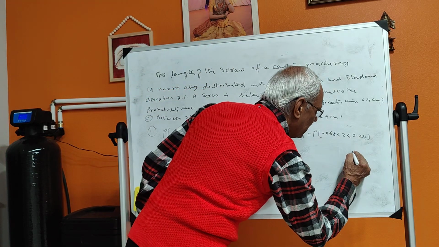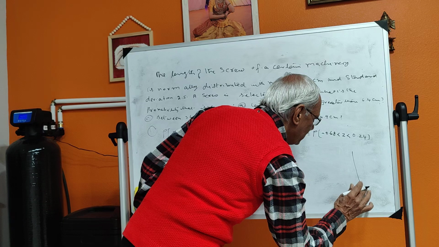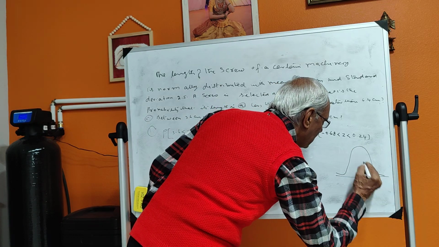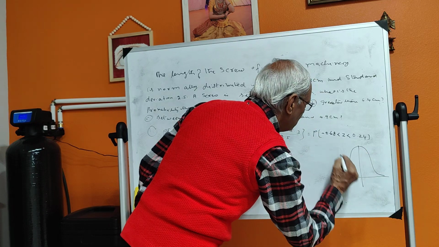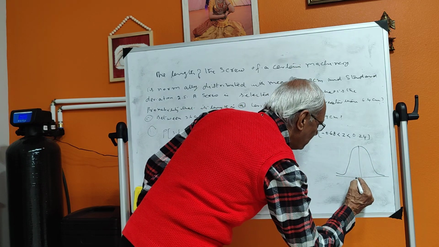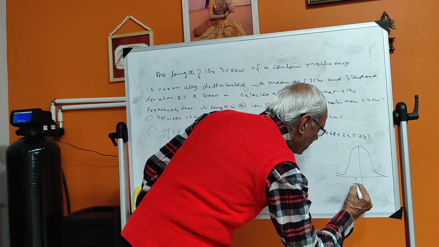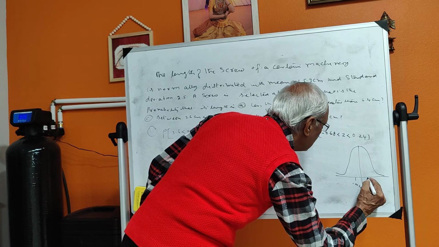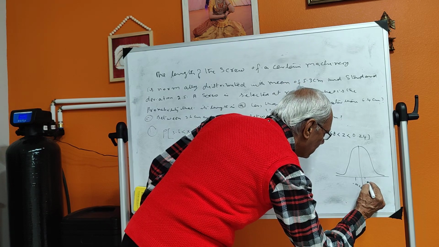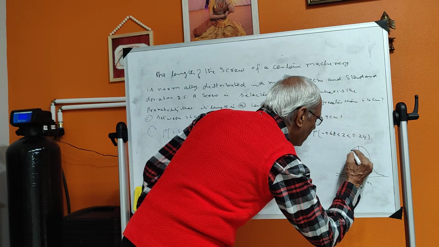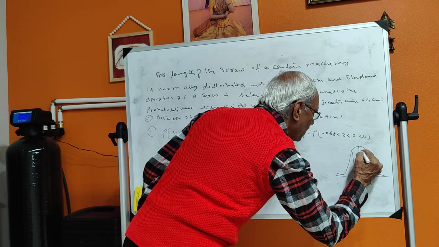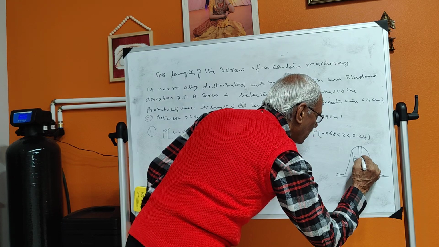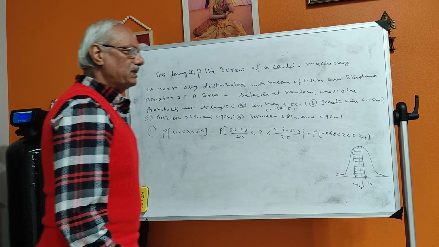So here minus 0.68 will be somewhere here, and here 0.24 will be here. So draw an ordinate here. So this is the area that we want.